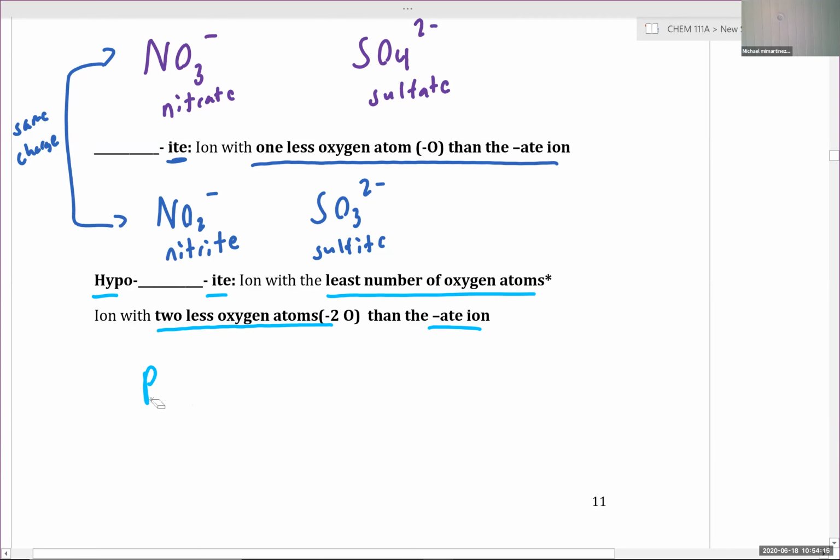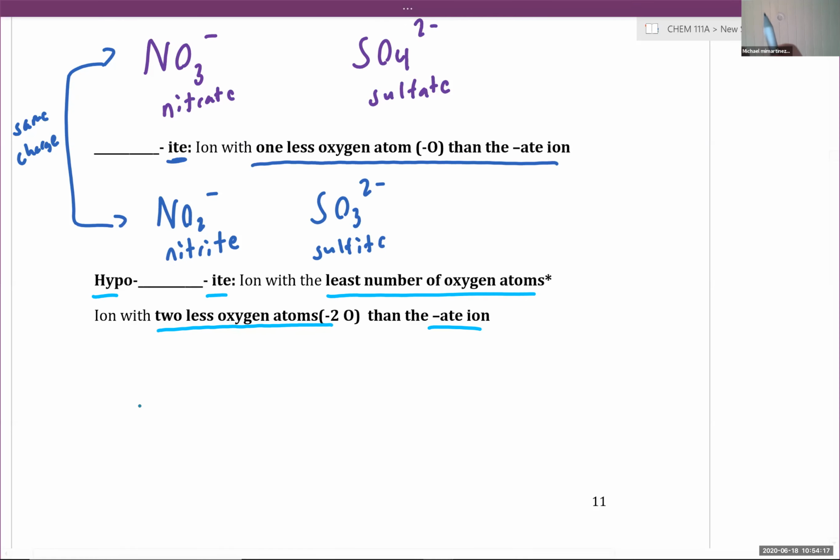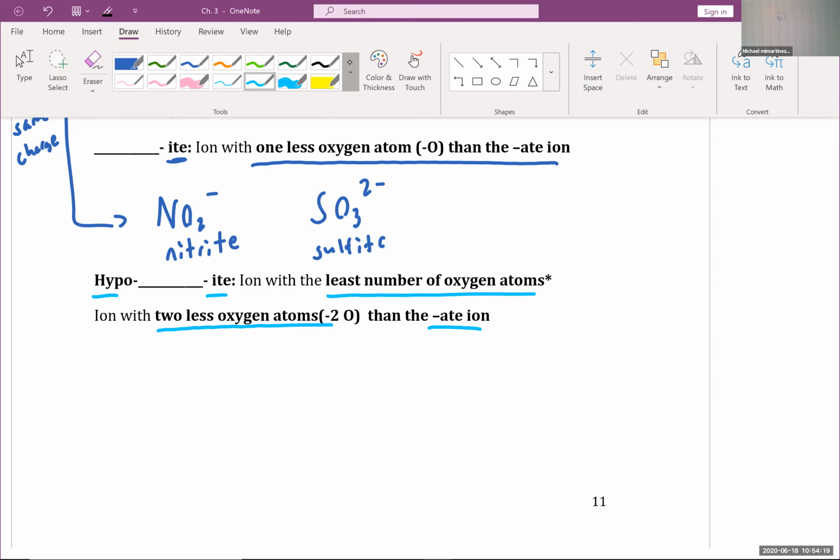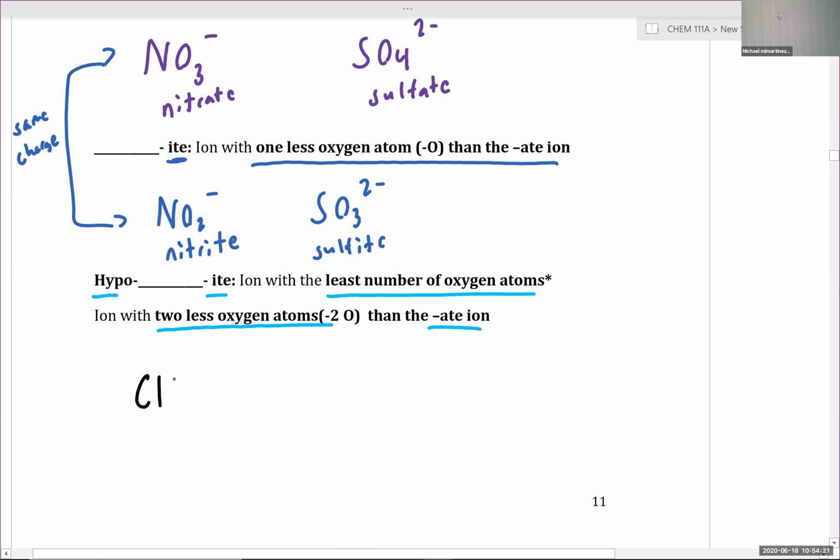Let me write it out in a different color just so that way we can contrast. So ClO4 minus is known as perchlorate. ClO3 minus is known as chlorate. ClO2 minus is chlorite.